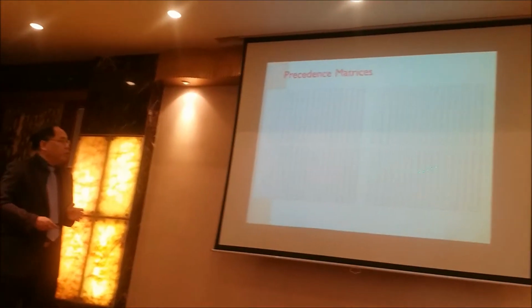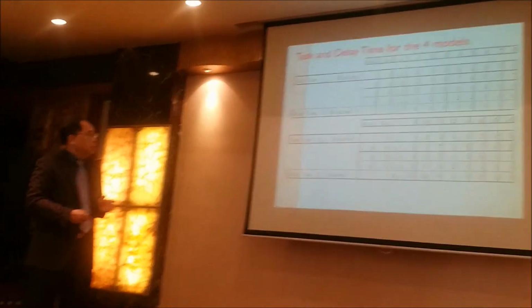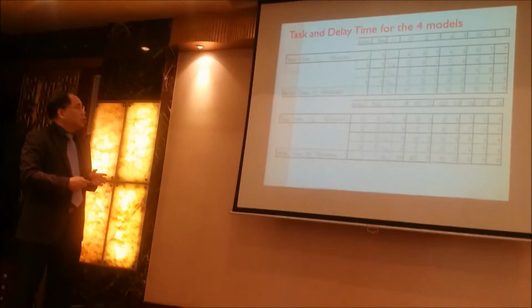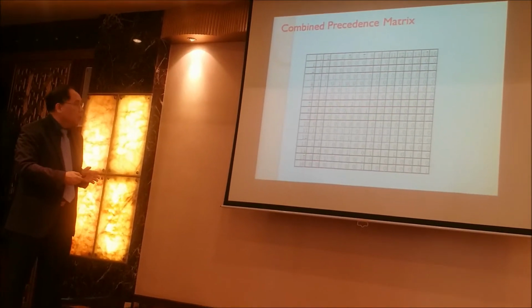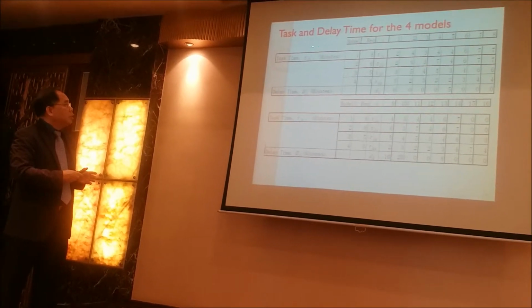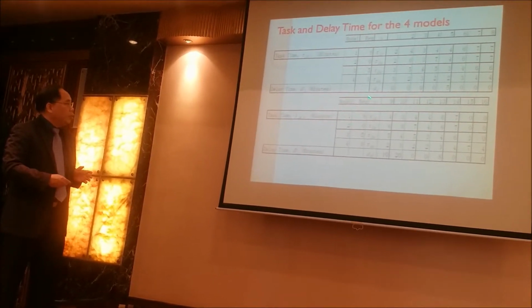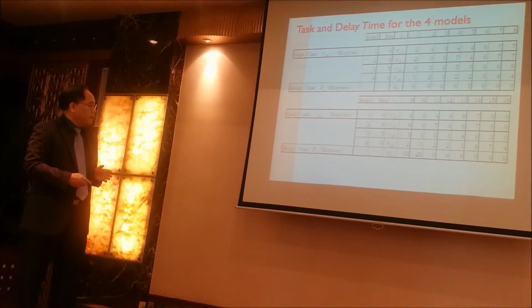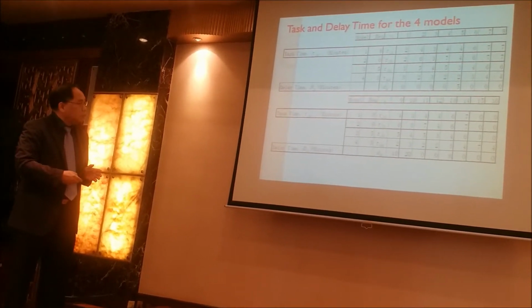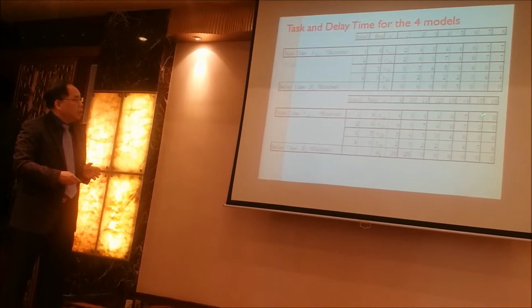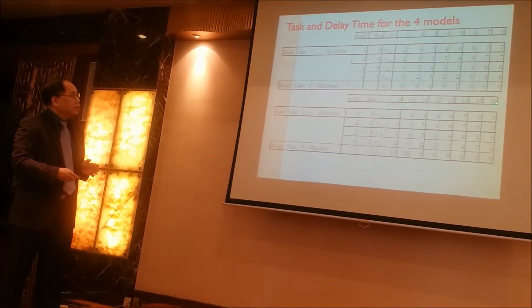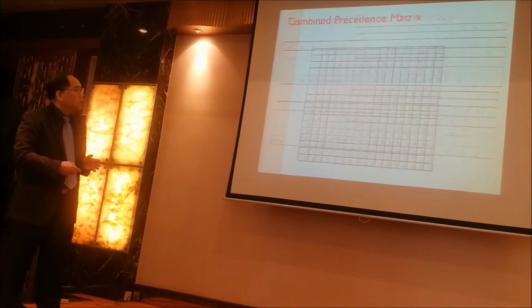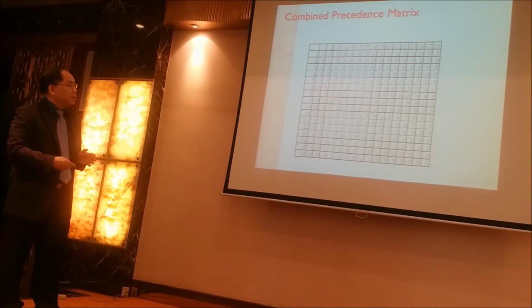So these are the precedence matrices for the 4 machines. Then there is the task time and delay time, which can happen in real situations based on past history. So I have altogether 16 tasks. So this is the combined precedence matrix.